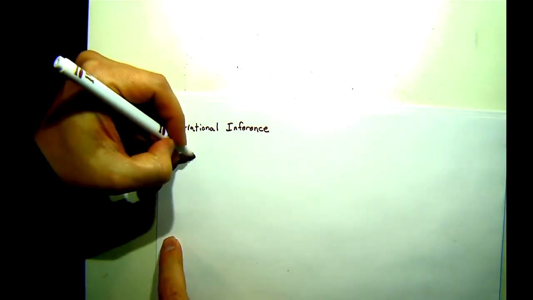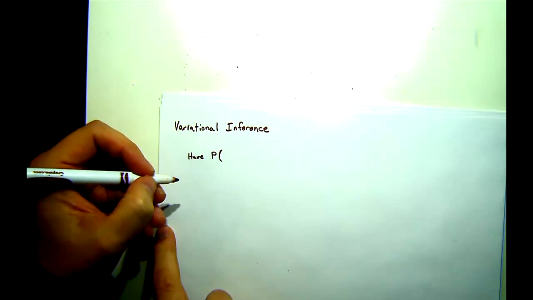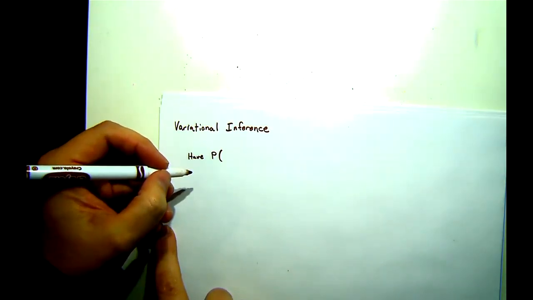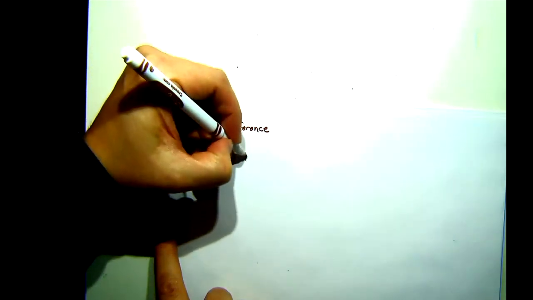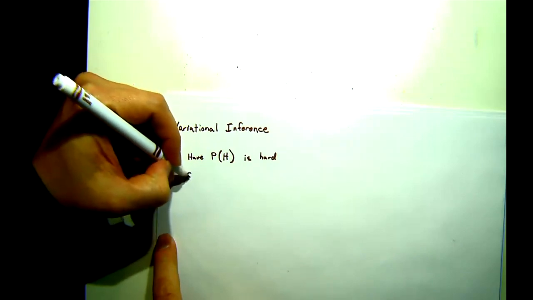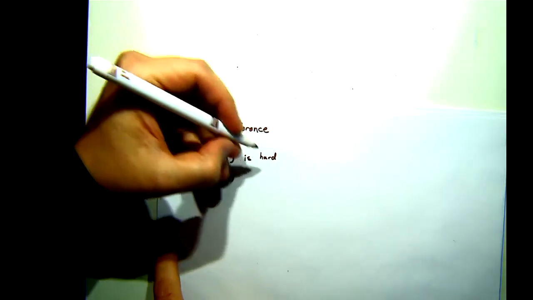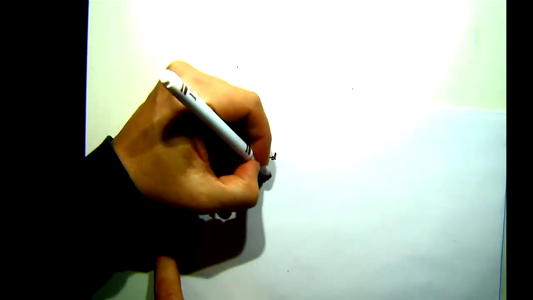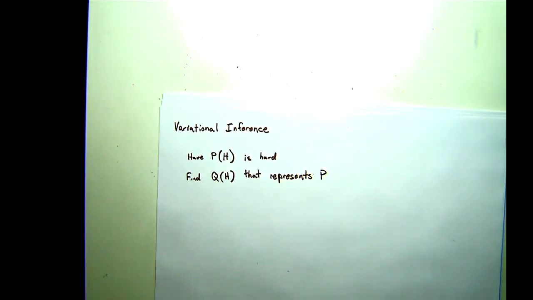If we have some p of h that is hard to evaluate, one thing we can do is find some q of h that represents p.